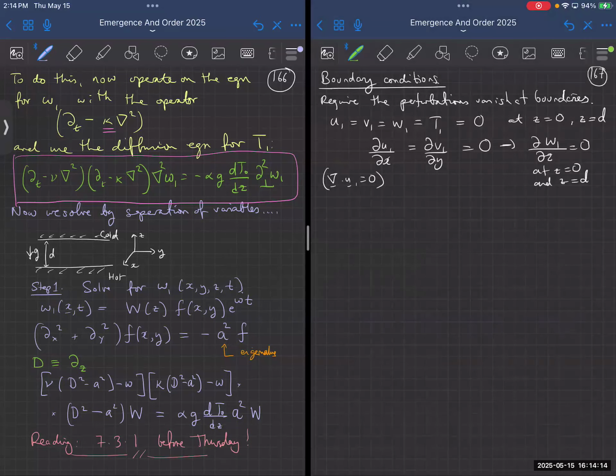Now we also need boundary conditions for the temperature.